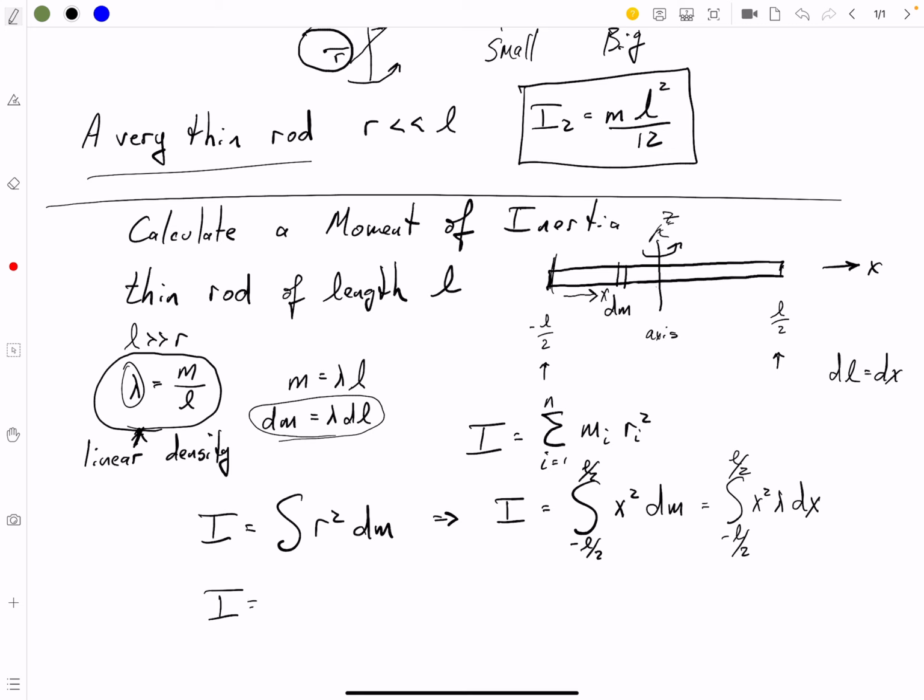We can rewrite this with lambda out front because that's a constant, it's not going to change. We go from minus L over 2 to L over 2 of x squared dx. You guys know how to do this. You're so good at it. That's going to leave us with lambda x to the third over 3, from minus L over 2 to L over 2.